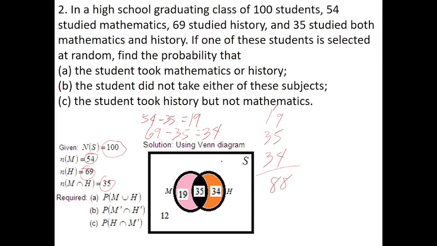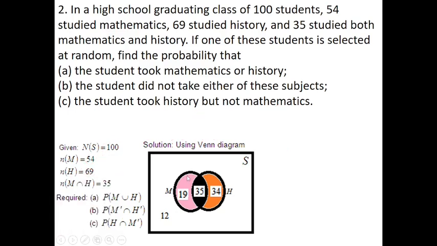So, 12. That makes it 88 plus 12, 100. So, yun ang total number of students, 100. Okay? So, we can now proceed.